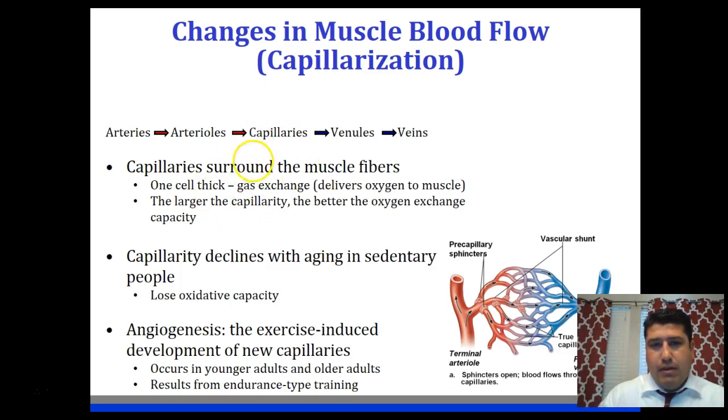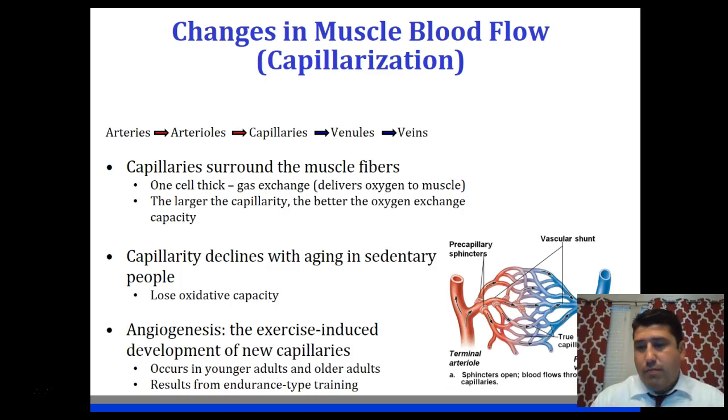Okay, so at that point, the blood in the capillaries that contains carbon dioxide all merges together to form the venules, and then eventually all the venules merge together to send blood back to the heart via the veins. Okay, so in the muscle, the more we're active, the more capillaries we have inside the muscle.